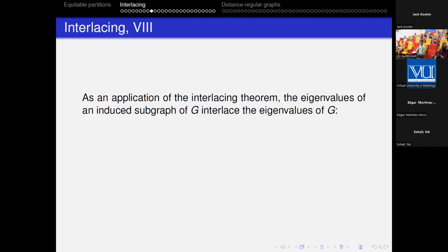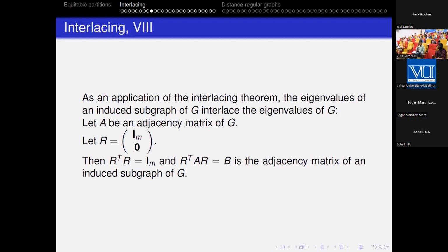So it's almost never possible that the eigenvalues of an induced subgraph tightly interlace the eigenvalues of T. That is almost never possible. You can think on this problem yourself. So what you do is, let's assume that our subgraph has the first m vertices of T, and then we can take R as (I_m, 0), the identity matrix of order m.